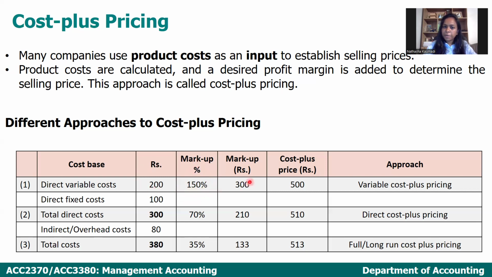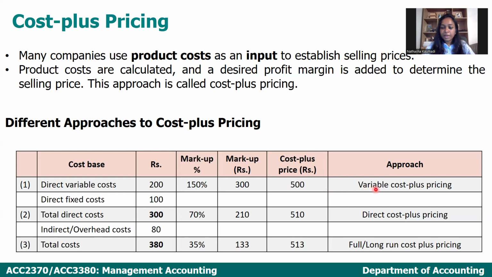Then what is the markup in rupees? Markup means our required desired profit margin. 200 multiplied by 150% equals 300 rupees. That is our markup. That is profit. Then what is the price? If the cost is 200, if you are adding 300 rupees to the cost, then you have a price of 500 rupees.